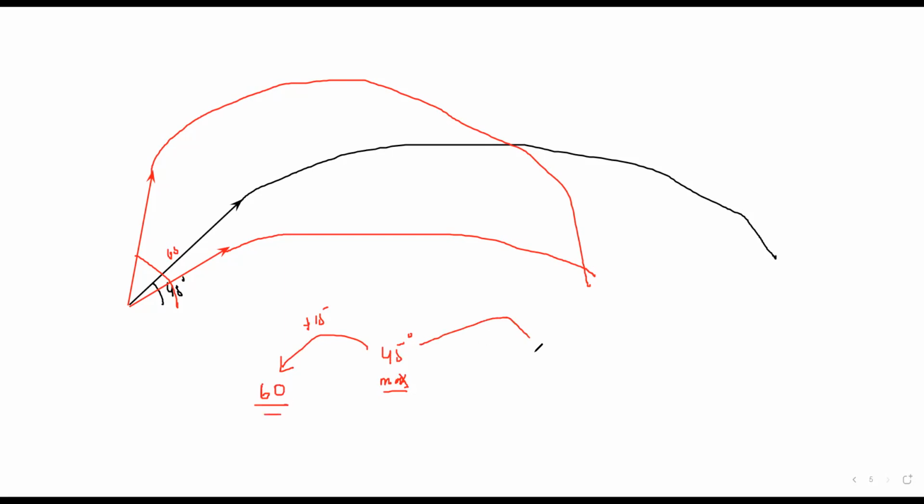And if we subtract 15, 45 minus 15, that's equal to 30. So if we add and subtract the same angle from 45, we get angles 60 and 30. So the range of a projectile will be the same at 60 and 30. The vertical heights will be different, but the range will be the same. But the maximum range is when the launching angle is 45.